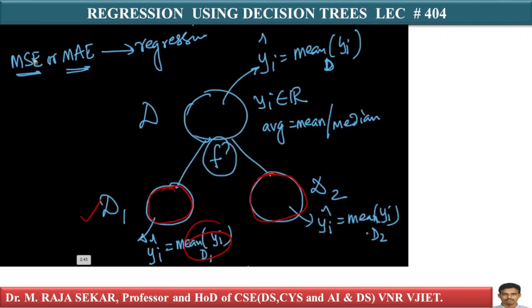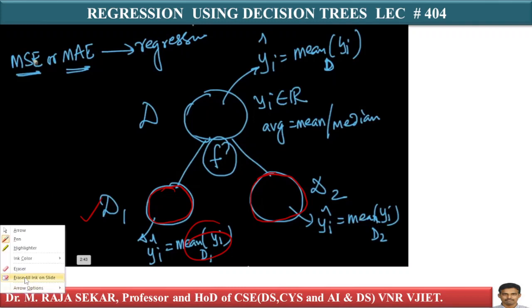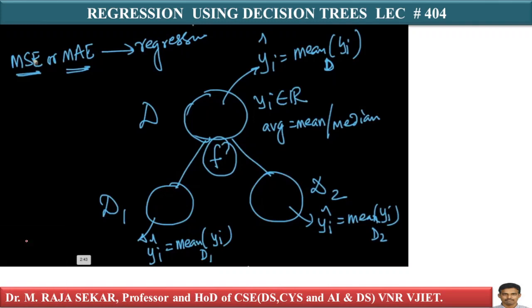On data sets D1 and D2, instead of using information gain, I will use something called MSE. MSE means mean squared error. What is mean squared error?